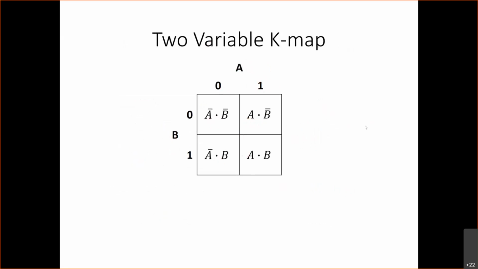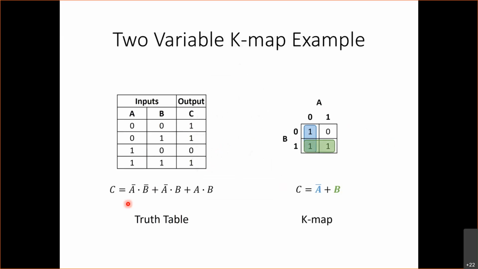Someone's asking, they don't get why not A is always 0. So let me explain that again. Okay, so here the truth table tells us that C is 1 when A is 0 and B is 0. So the way that this translates into the equation is that here when A is 0, not A is going to be 1.